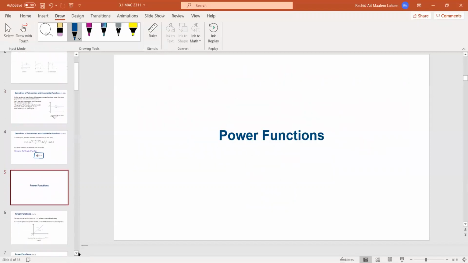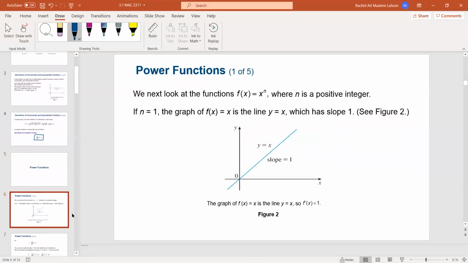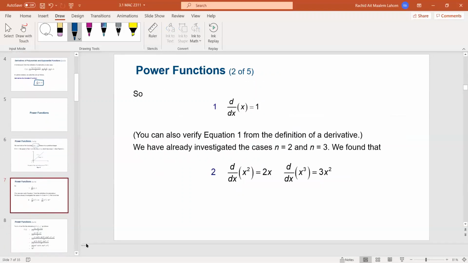The power function, which is the next one, let's say f of x, the basic one, y equals x, and of course x to the n, where n can be any other positive number.